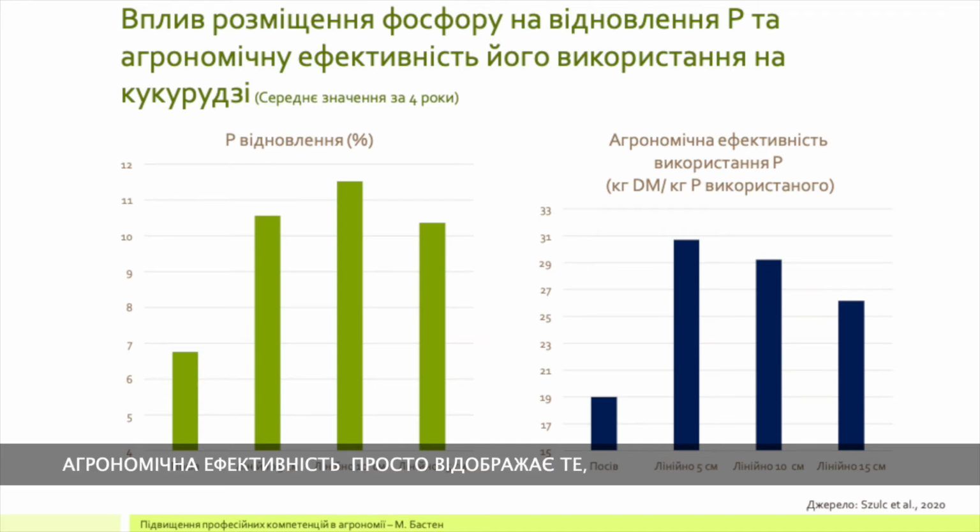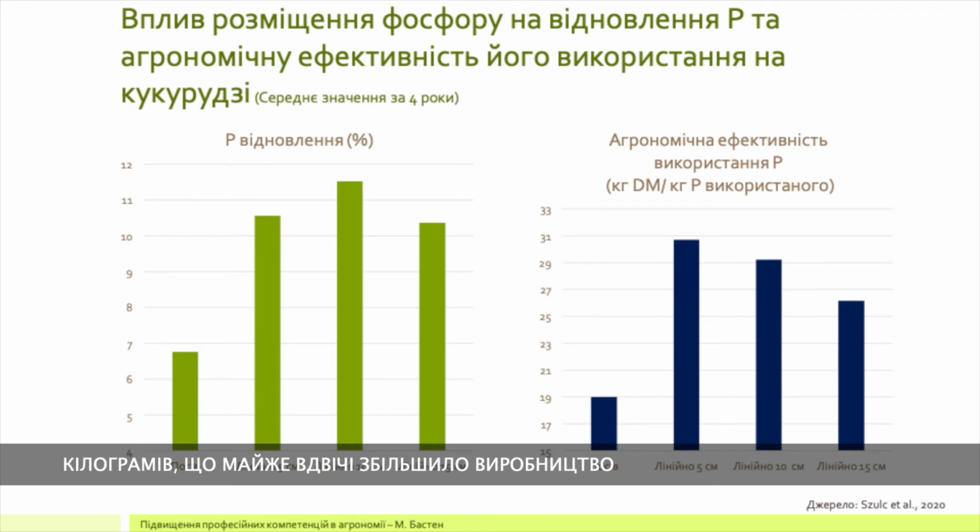The agronomic efficiency just mirrors what is recovered early from the phosphorus starter fertilizer. So when we have placement, the dry matter production per kilogram of phosphorus applied has increased quite substantially, by 12 kilograms.